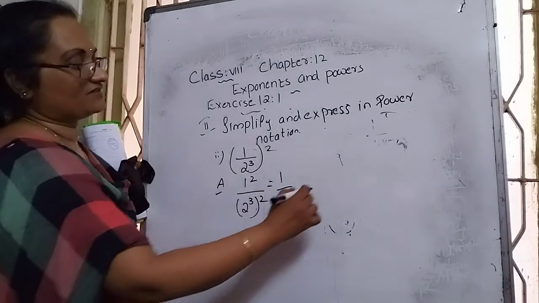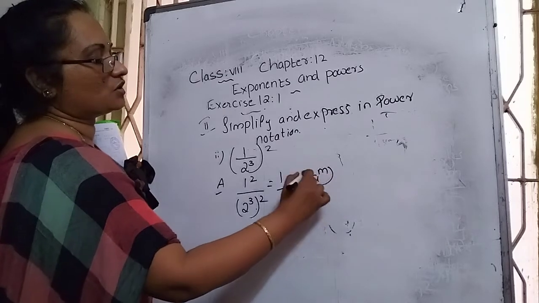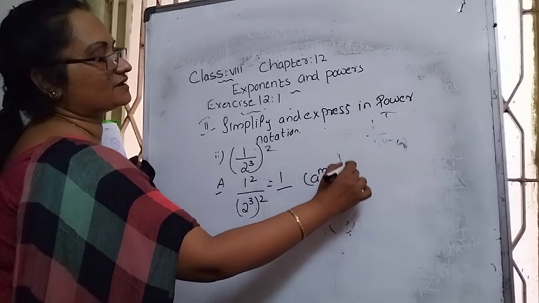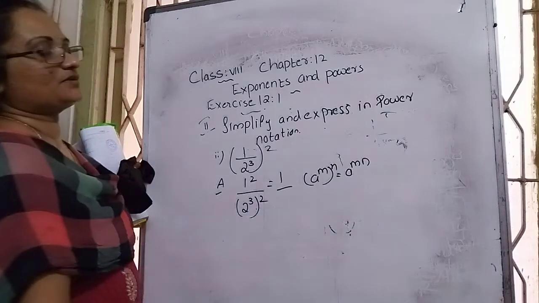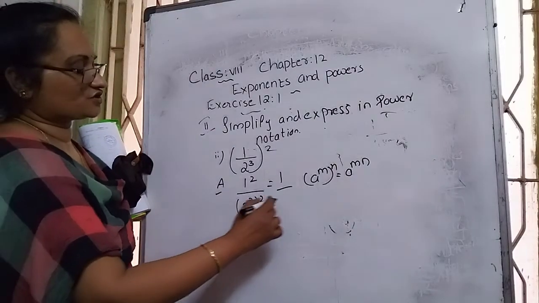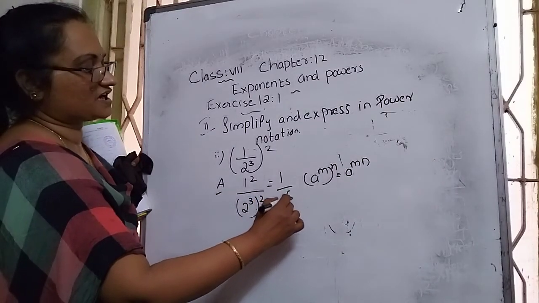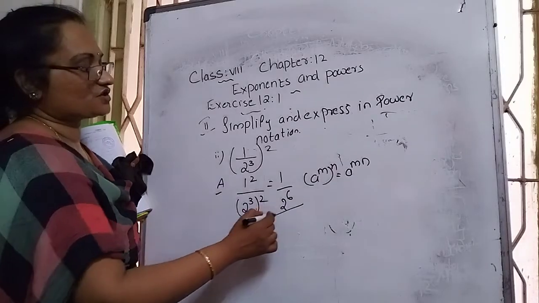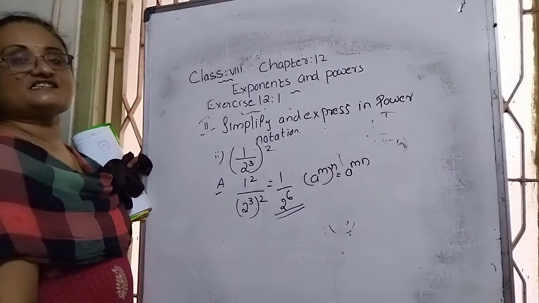Then here, a raised to m whole power n: the powers are multiplied. 3 twos are how much? 6. So 1 by 2 raised to 6 is the answer.